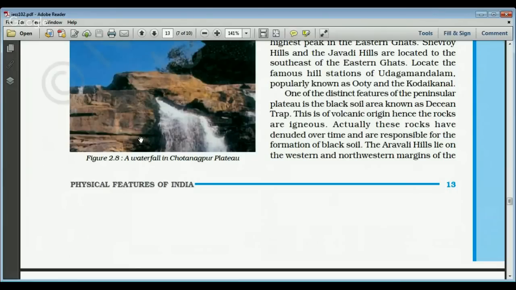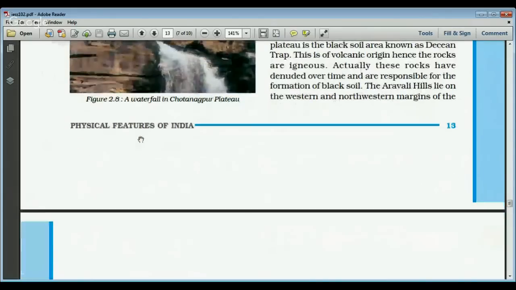Now we were seeing this Deccan Trap. These rocks have denuded over time, and that is why they are responsible for the formation of the black soil. And the Aravali Hills are among the oldest fold mountains in the world.